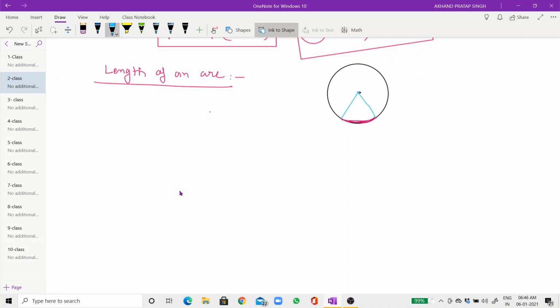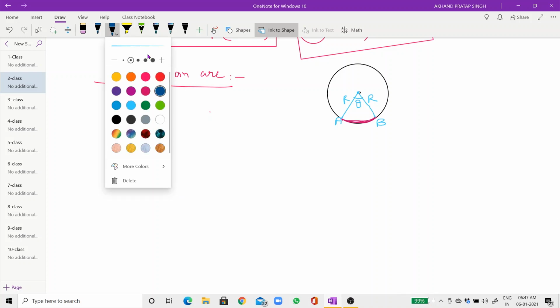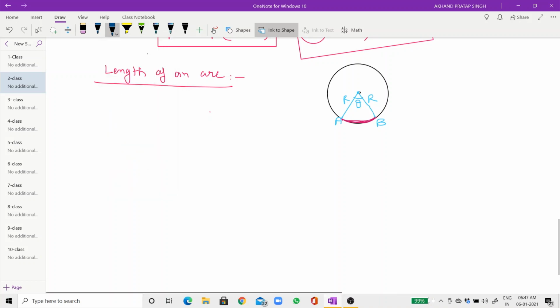From this point to this point is a radius, and this is also a radius, and in between, suppose the angle is theta, and the name of the arc is AB.